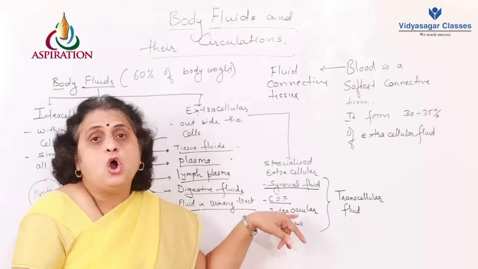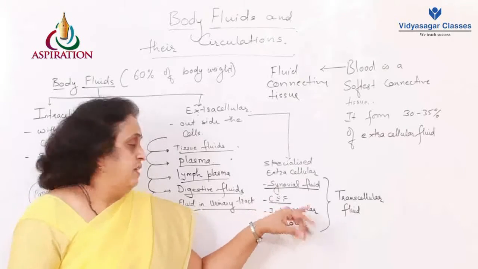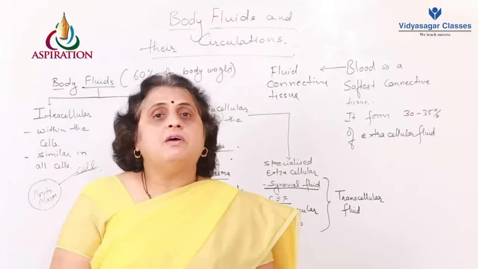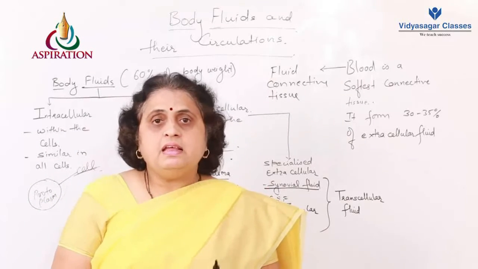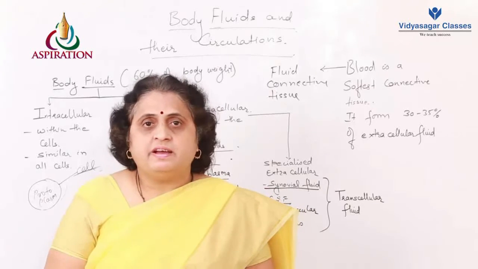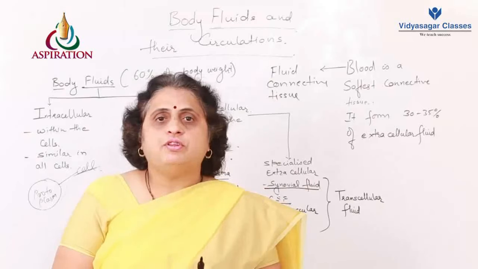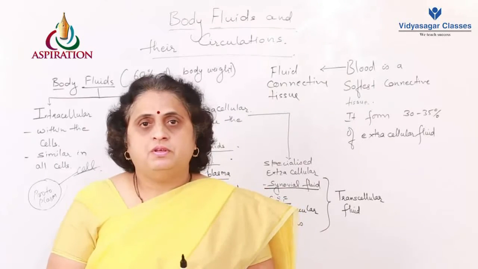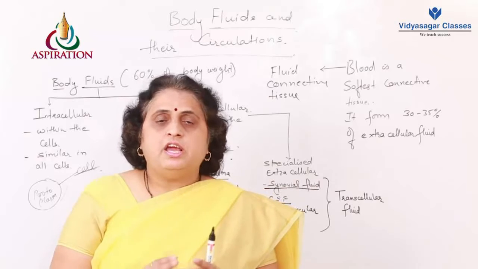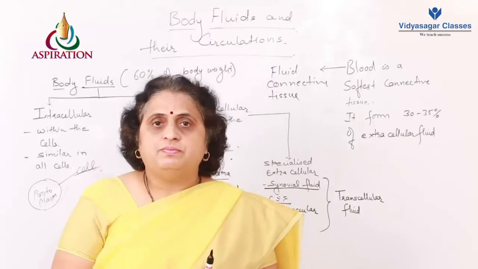Then we have intraocular fluids. What do I mean by intraocular fluids? Intraocular fluids are the fluids that are present in our eyeball. As I said, our body is entirely kept moist from inside. Rather, the fluid prevents desiccation of the organs and tissues. In our eyeball, we have two chambers in which we keep fluid which has multiple functions.